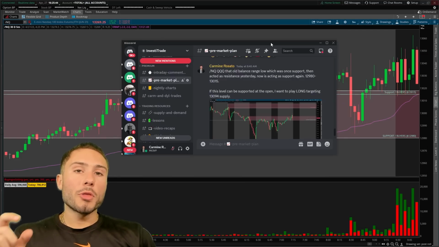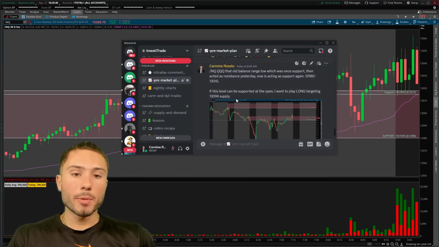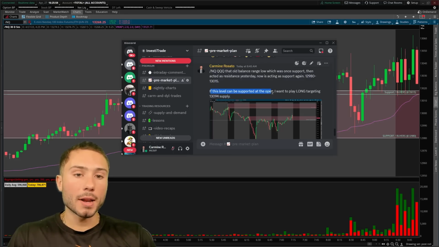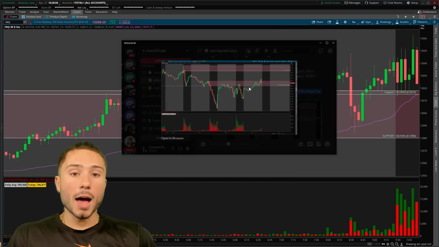And just to show you the accuracy of this, again, here's the pre-market plan on the NASDAQ. If you trade QQQ options, same goes with this. We had a support level at 12980 to 13015. If this level can be supported at the open, then I want to play long, targeting 13094 for supply. Here's the picture.